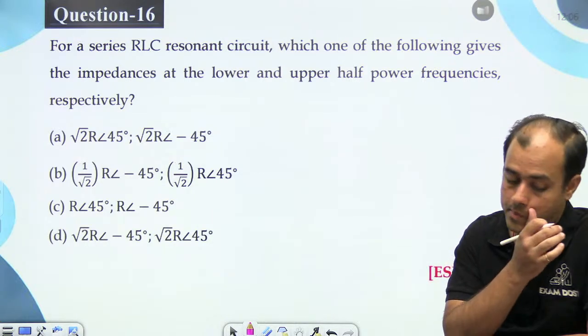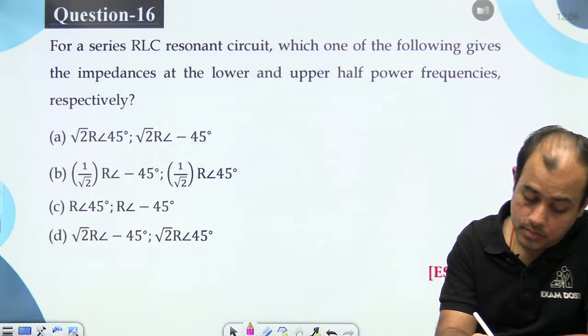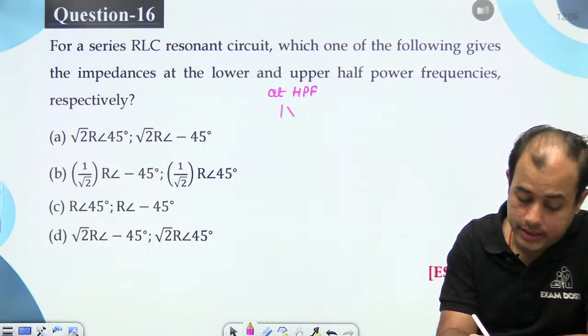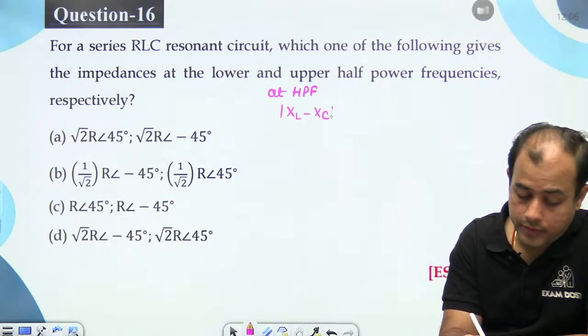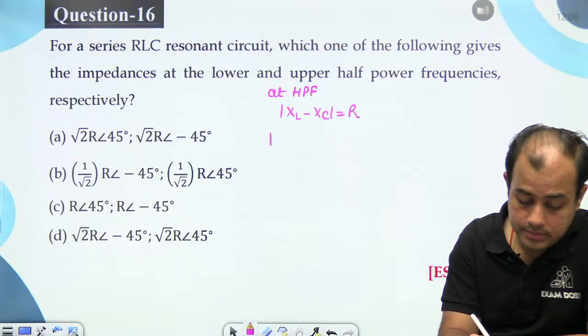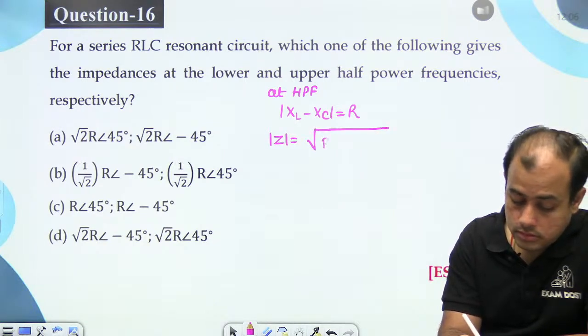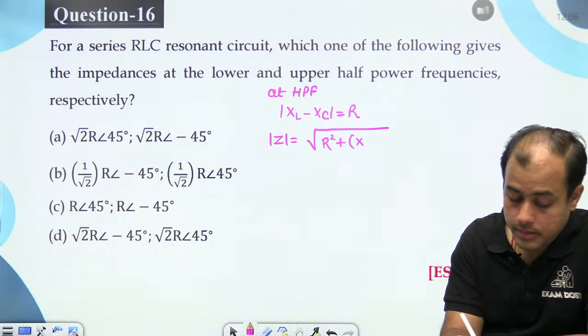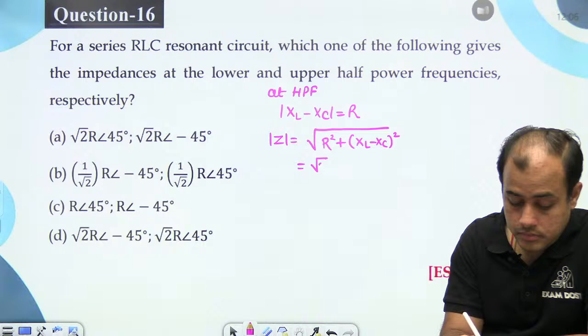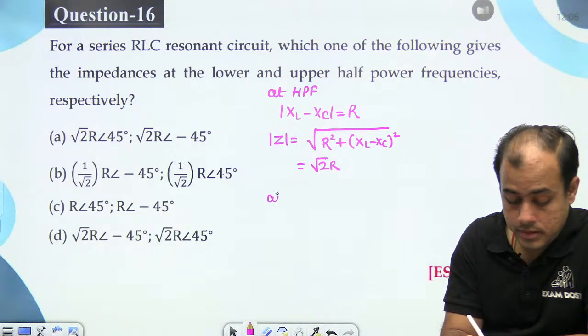Impedance बेटा। तो at half power frequency, just now I told you, mod of XL minus XC is R. Root 2R.